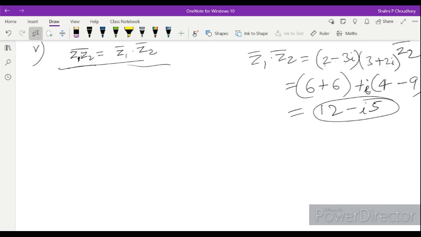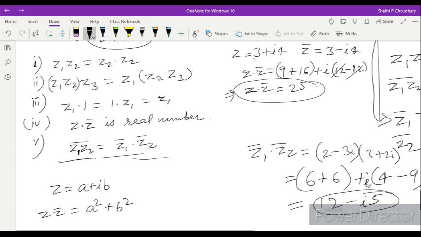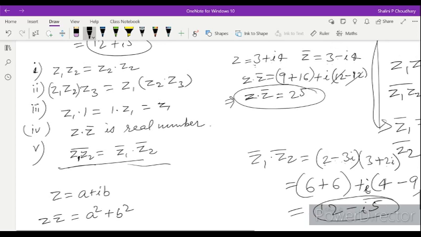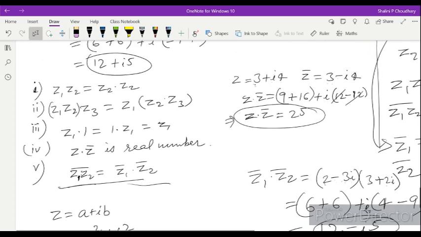If z is equal to a plus ib, then z into z bar will be equal to a square plus b square, होगा ना, because z into z bar, okay, that will be equal to a square plus b square. कैसे?